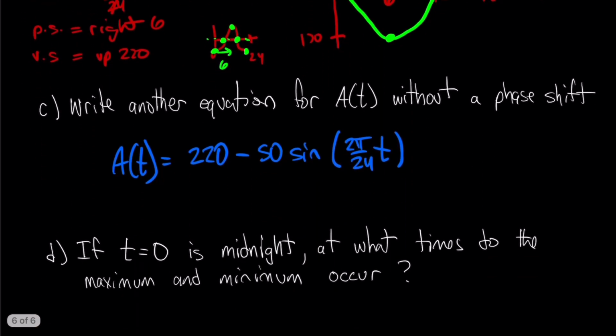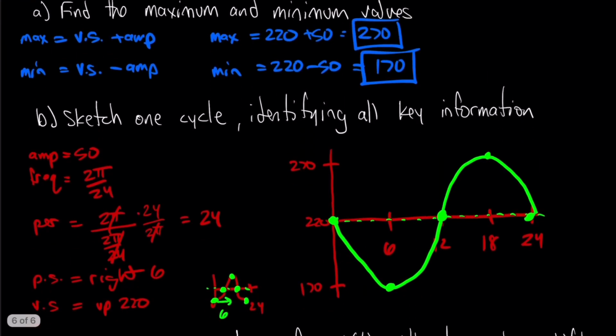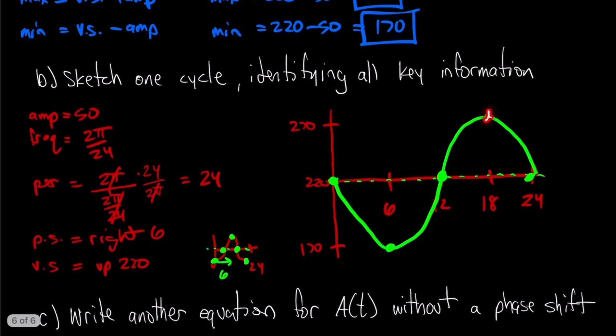And then finally, if t equals 0 is midnight, at which times do the maximum and minimum occur? So let me write down max and min first. Max at, min at. Okay, so here's my maximum. What time is that? 18.